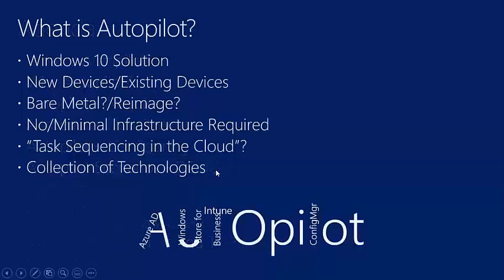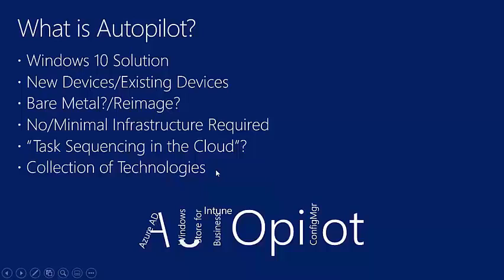So what is Autopilot? Well, Autopilot is a Windows 10 solution. So everything we're talking about here is Windows 10 in scope. Autopilot is a solution focused to simplify the process of preparing Windows 10 PCs for use in a production environment.